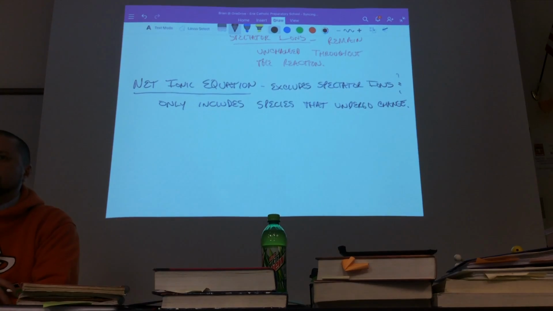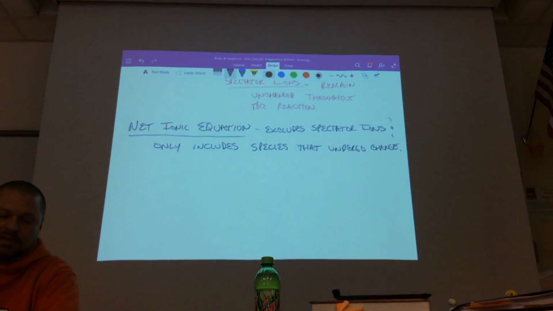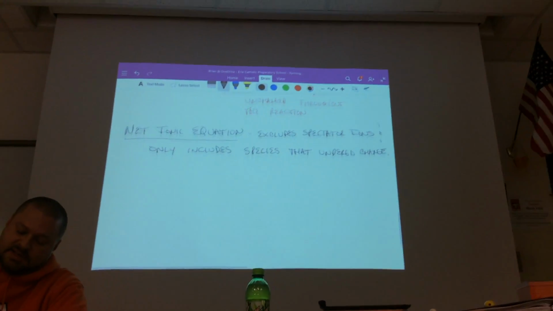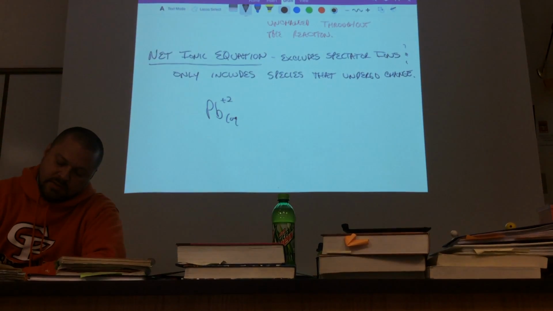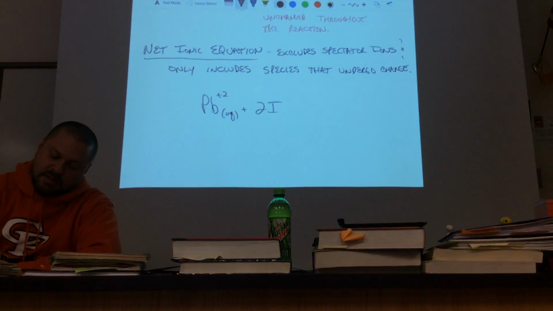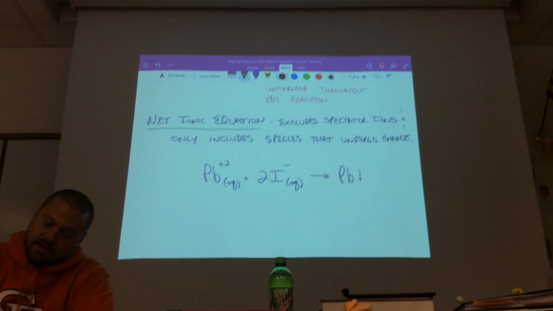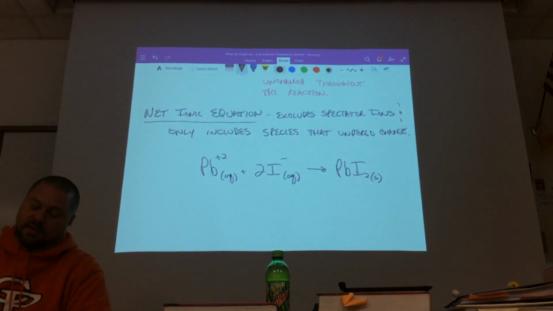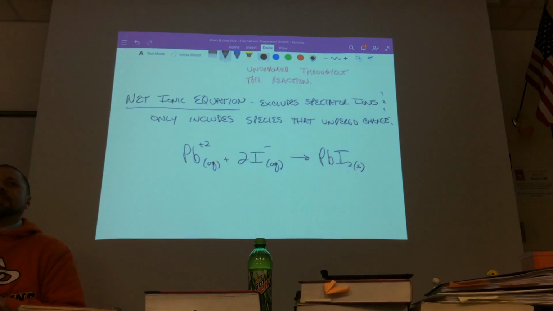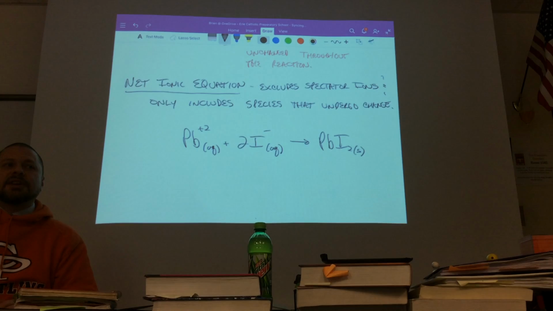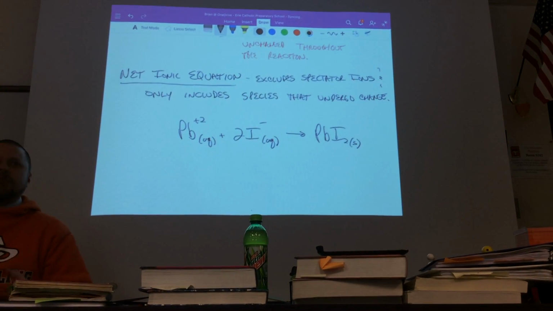So essentially all I'm doing is rewriting the last line without the spectators. The last line would be Pb2+ aqueous plus 2I- aqueous yields PbI2 solid. And that equation is useful because that really gets down to the brass tacks of what is really going on. When I mix those things together, basically lead finds iodide and they react to form a solid.